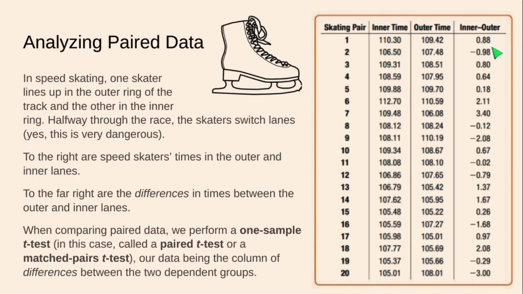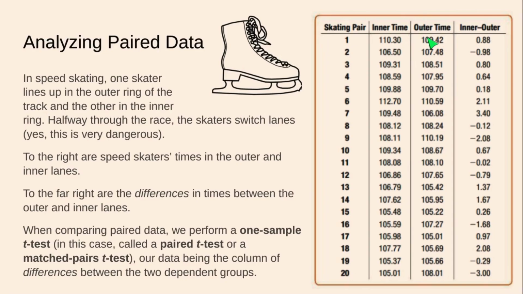So each one of these times is a difference of an inner time and an outer time, all right? So the one skater starts in the inner track, the second skater starts in the outer track, and then there's a difference. You'll notice that the inner and outer times are not independent, all right?